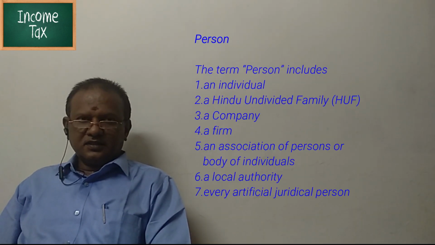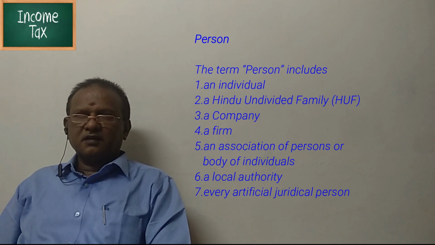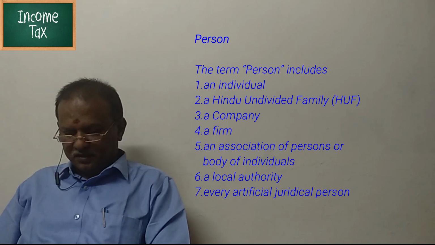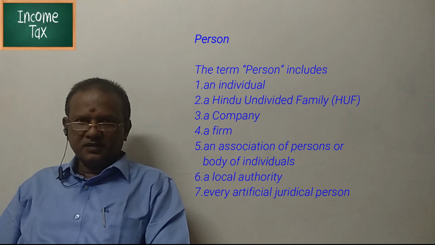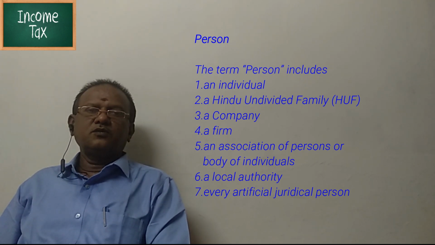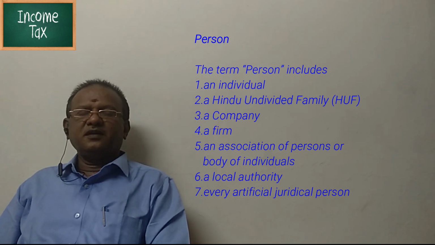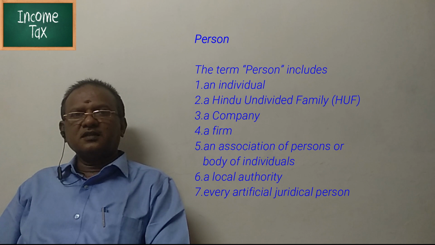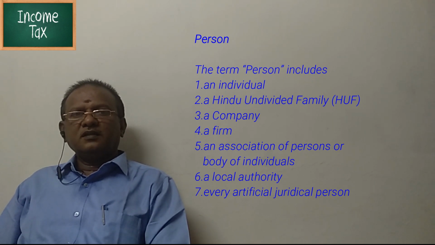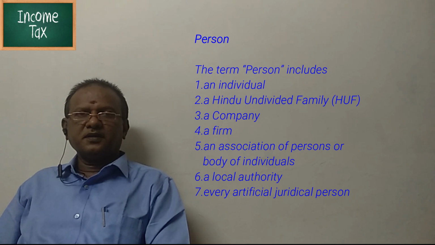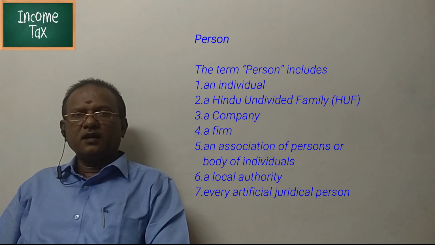The next definition is a person. The term person is not defined in the Income Tax Act, but section 2, subsection 31 specifies who the persons are. The section starts with: the person includes 1.